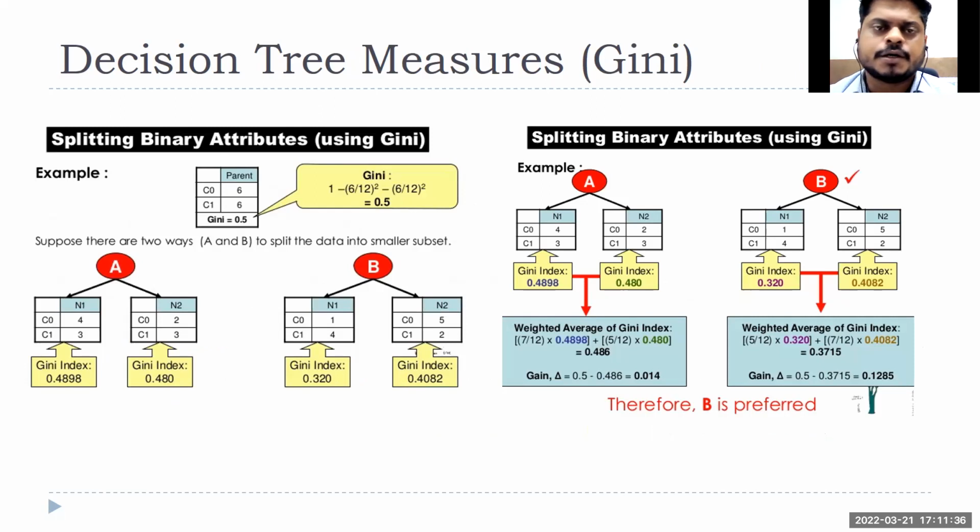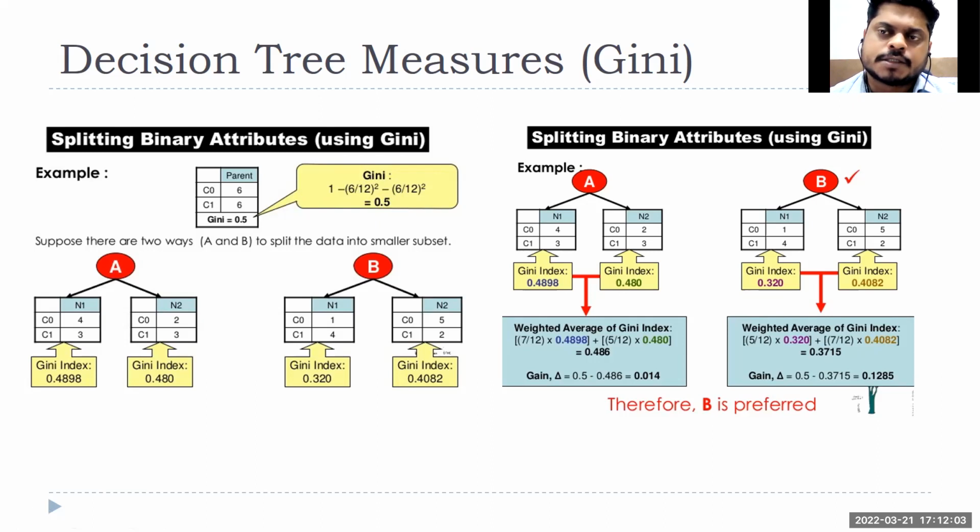So what will be my Gini index? 1 minus the classification ratio: 6 divided by 12, my total customers, squared, minus 6 by 12 squared. In both cases I have 6, so the Gini index of the original data set is 0.5.